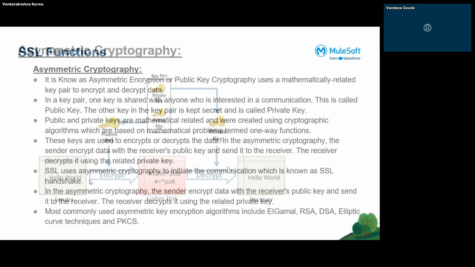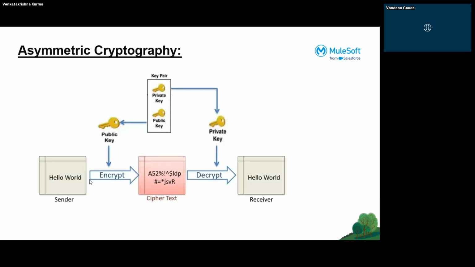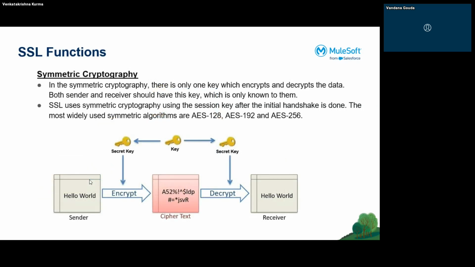The format is like this: if a sender sends a request using the key pairs, the receiver can decrypt it using the private key, and it can respond again with the public key. This is the way the communication will happen. Coming to symmetric cryptography, this is quite a one-to-one communication.